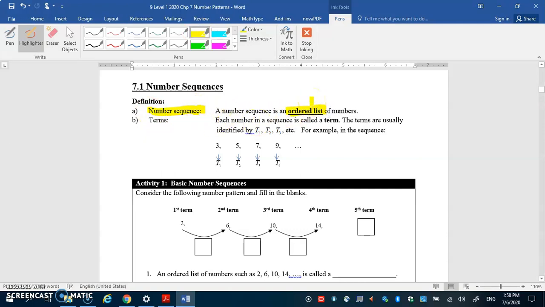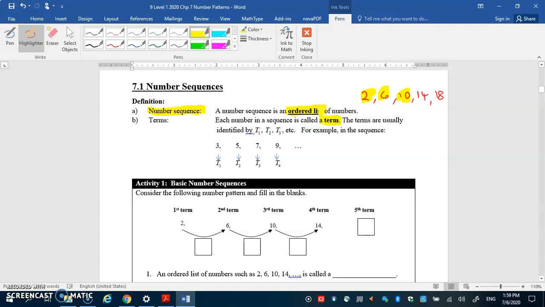Okay, so for example, if I have 2, 6, 10, 14, 18. Okay, this is a number sequence. It's an ordered list of numbers. And each number in this sequence, for example, the 2, the 6, the 10, all these are known as terms. Okay, so we will call them terms.